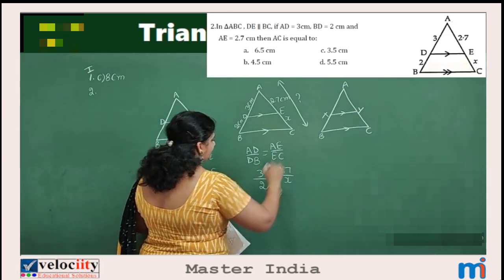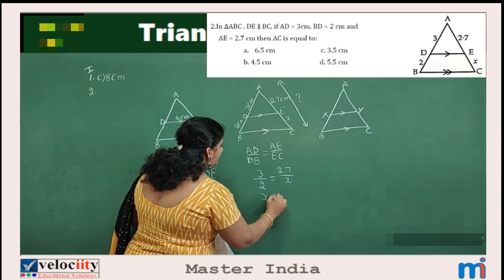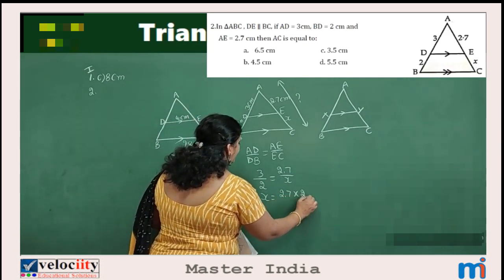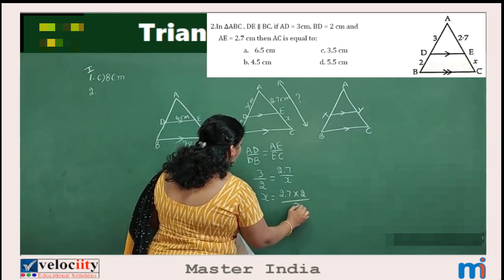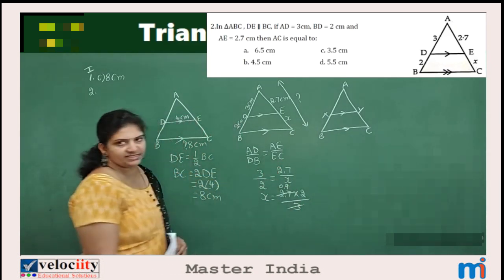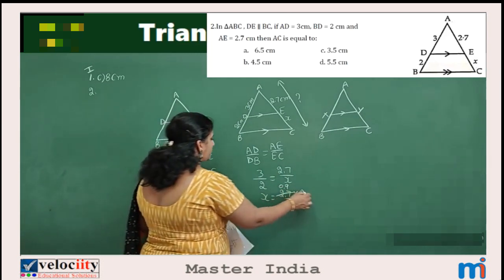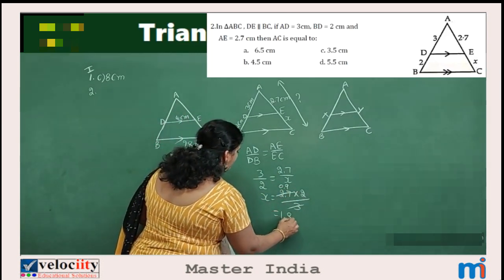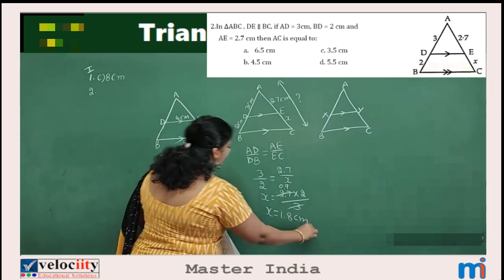EC we don't know, X. Cross multiply: 2.7 into 2 by 3. 3 0.9s are 2.7. Now multiply 0.9 into 2, 1.8 centimeters.